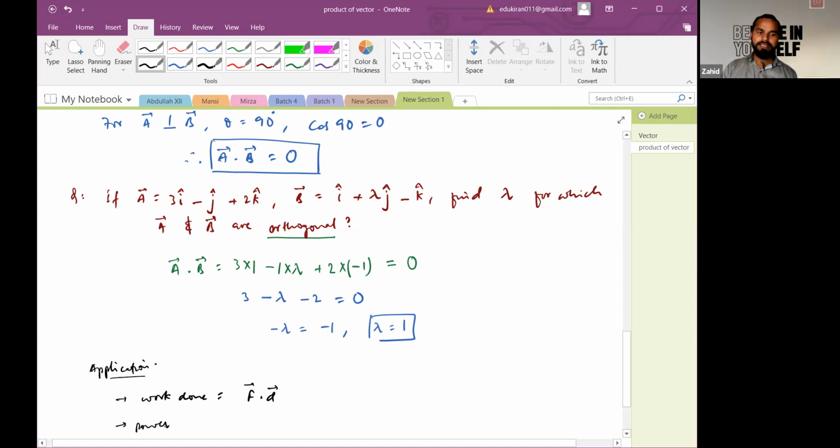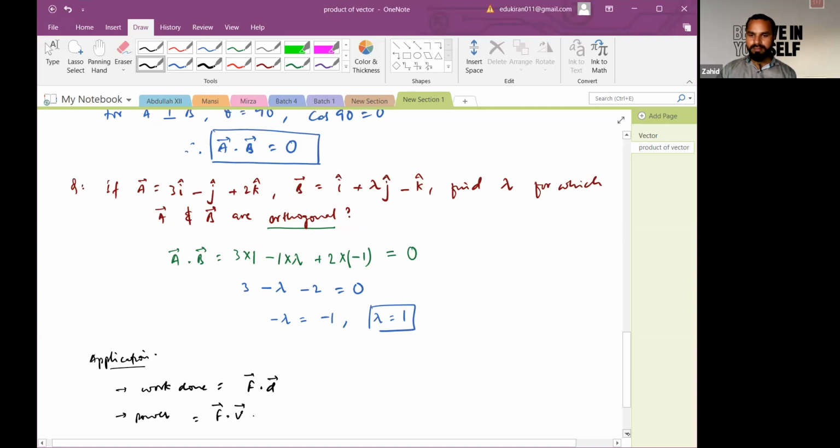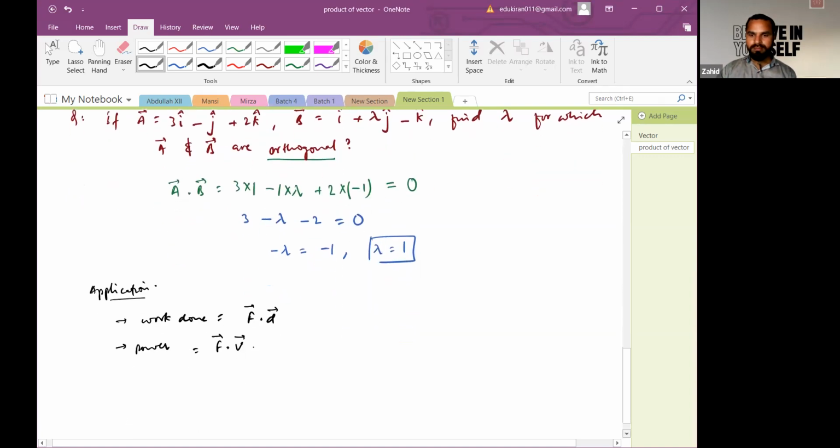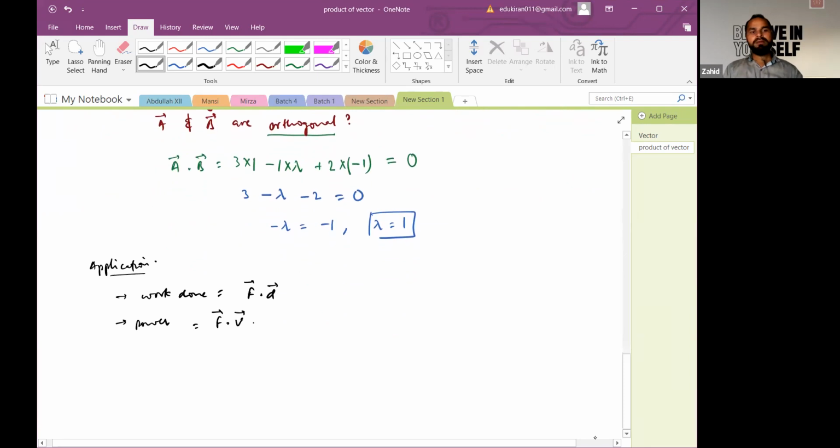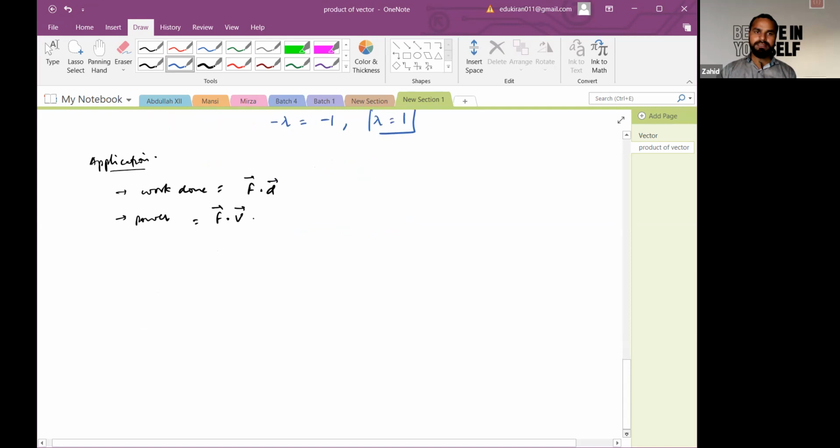Next, to find power, it will be F dot V, and so on. So this is all about the dot product and its application. Next is how to calculate the cross product.